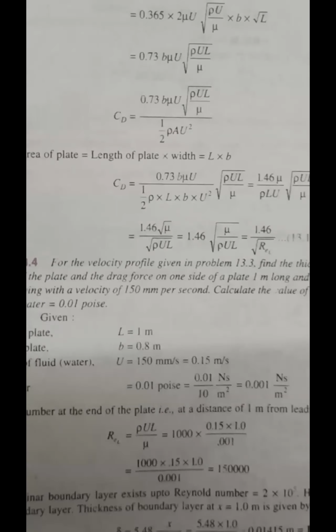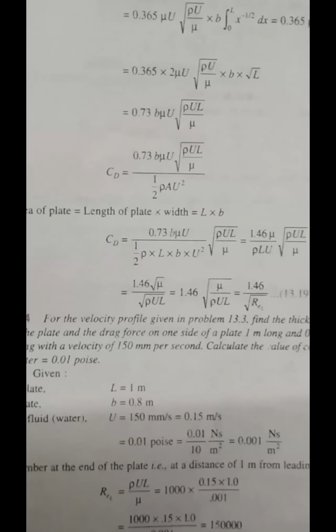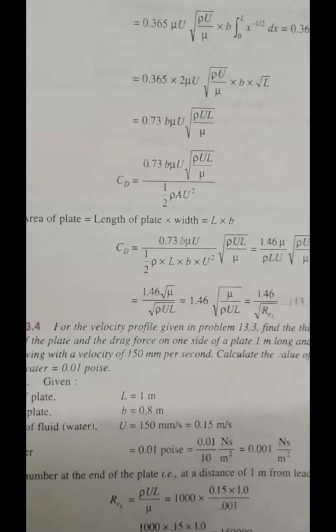And based on the velocity profile we got, the thickness of boundary layer we got earlier, you see how we got in the earlier problem. In the earlier problem, we got the value of delta, we had the equation. You see this.